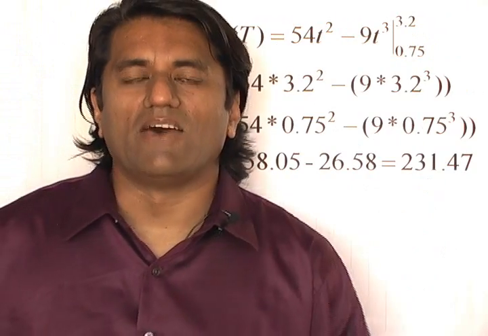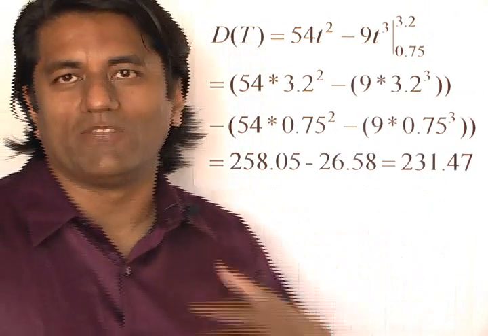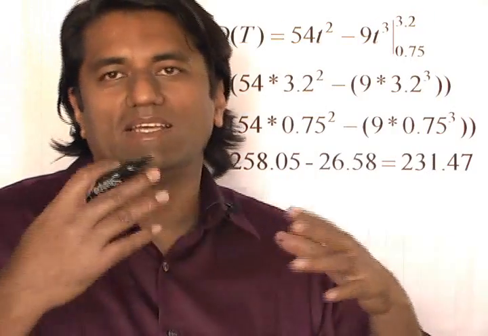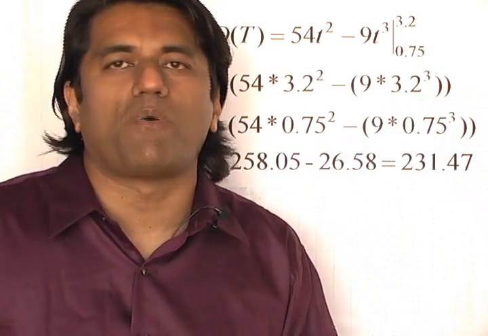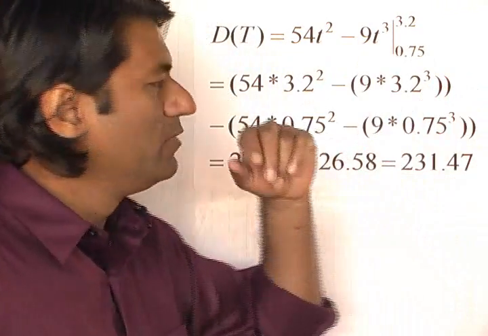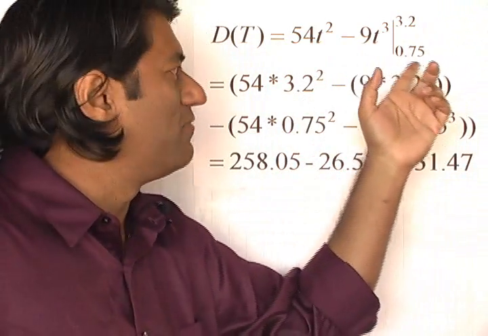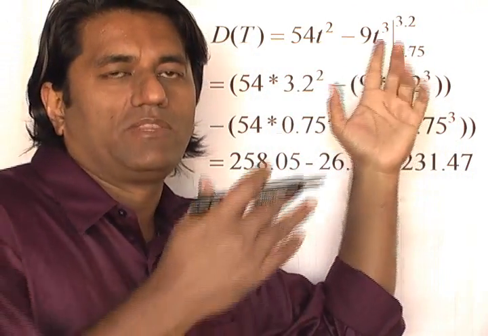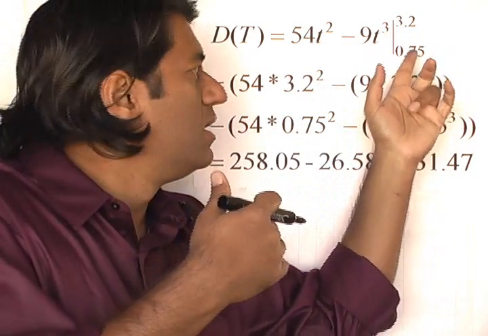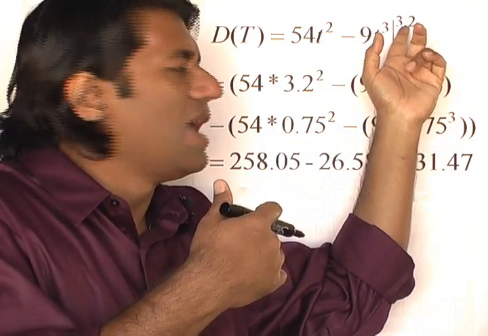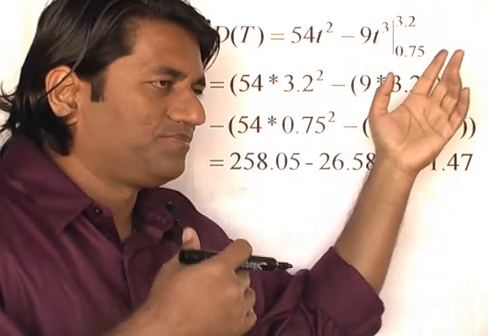So now that you have a closed form solution, you can knock yourself out. You can find the distance traveled between any two points in time. For example, what is the distance traveled between 3/4 of an hour, so that's 0.75, and 3.2 hours?